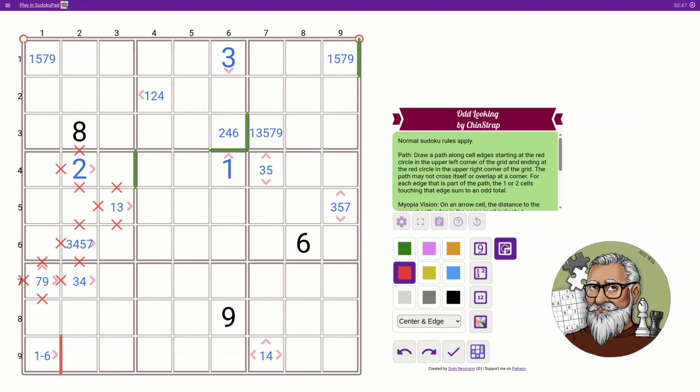Well, that could be okay. No, this is now 2 1s, but if this is 4, that's probably okay, right?